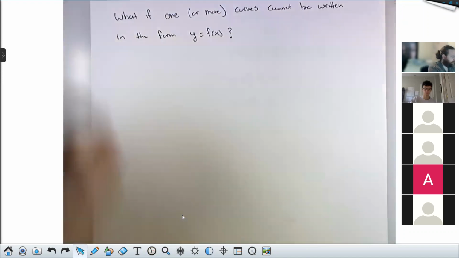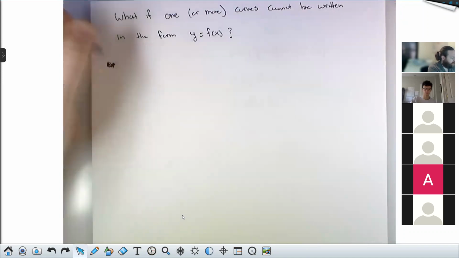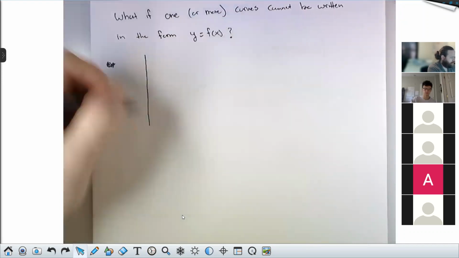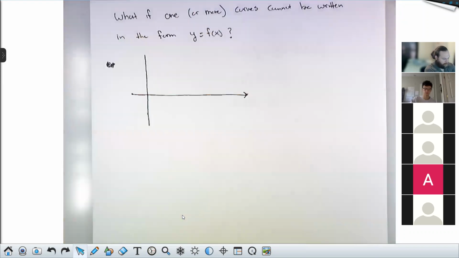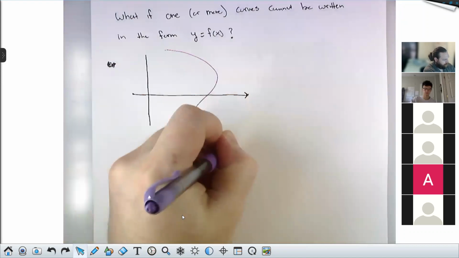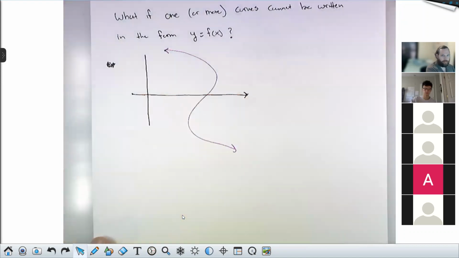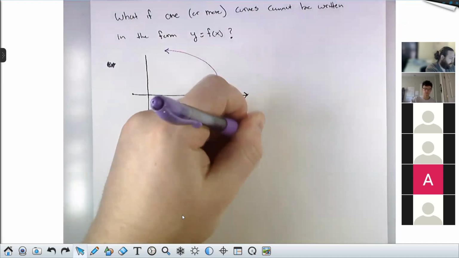So the classic example here, actually, before I do the example, I'll draw a general picture. And I could have something like this for my first curve. Well, y is not a function of x here. X is a function of y here.